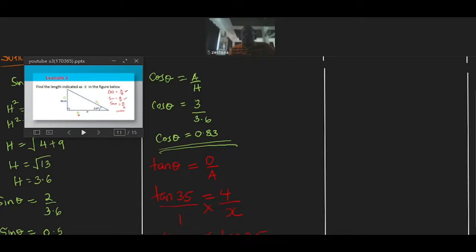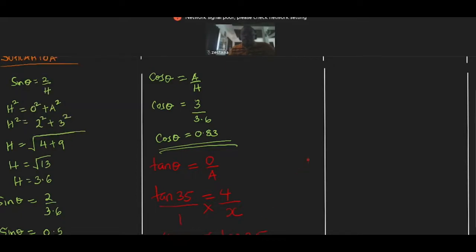So to remain with x alone here, we shall be able to divide through by tan 35. So 4 out of tan 35 will be equal to our x. So when you find, x will be 4 out of tan 35.